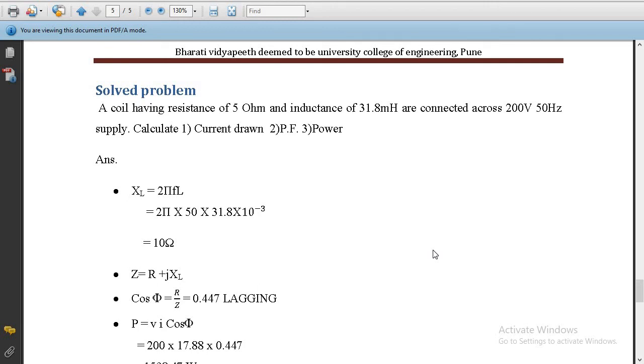Whatever Z you have in the polar form, you just do I equal to V by Z. Whatever Z's angle you get, you take the minus of it for the current angle. When the current angle is minus, it automatically says that it's a lagging power factor. The cos of the current's phase angle gives you the power factor.